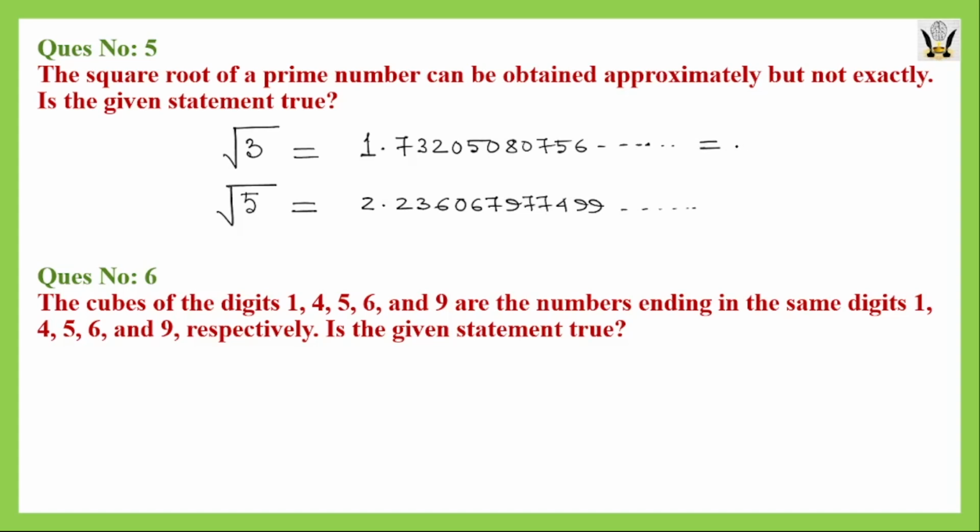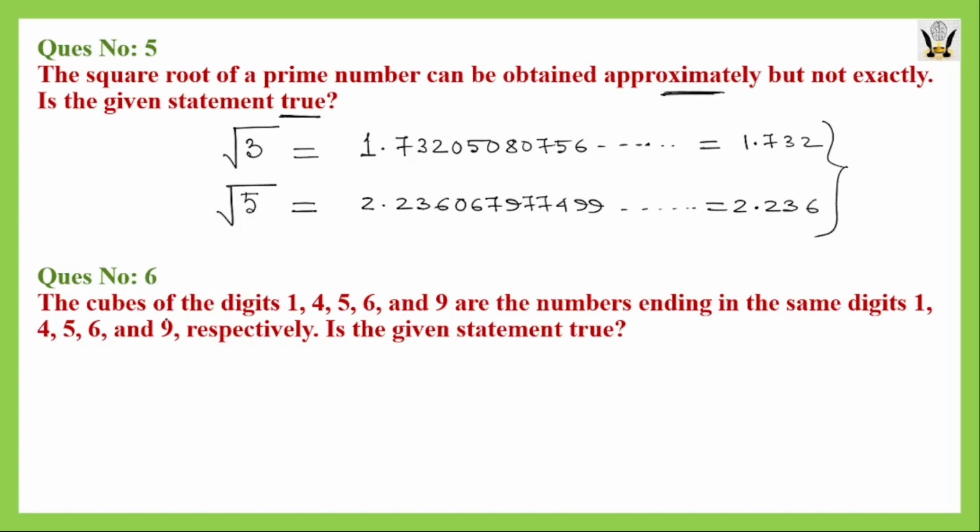So generally, for root 3 we take the value 1.732, and for root 5 we approximate to 2.236. That means the square root of a prime number can be obtained approximately but not exactly. This statement is actually true.